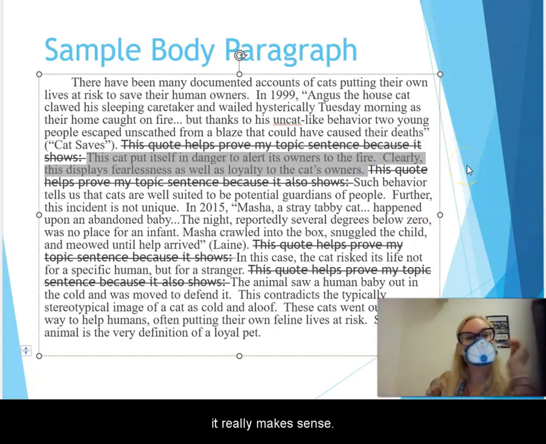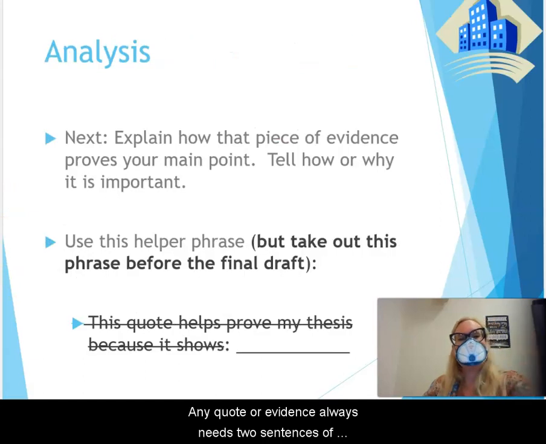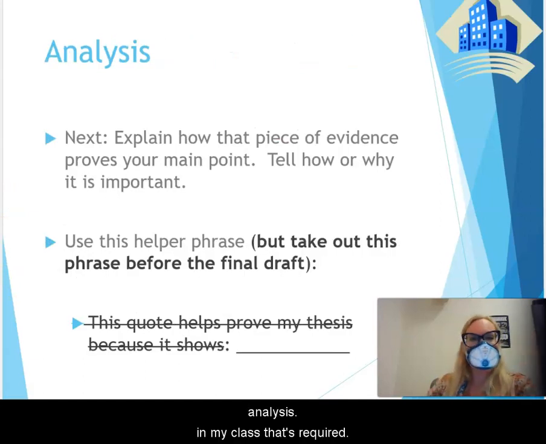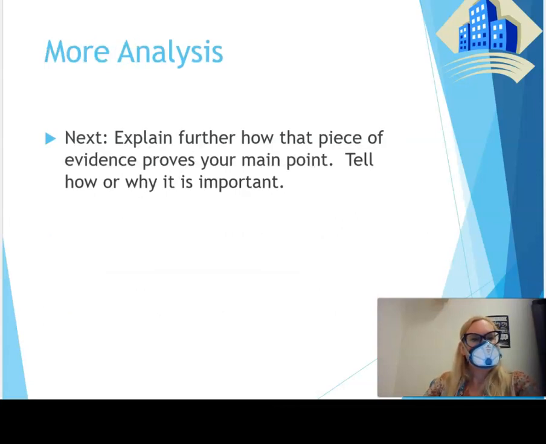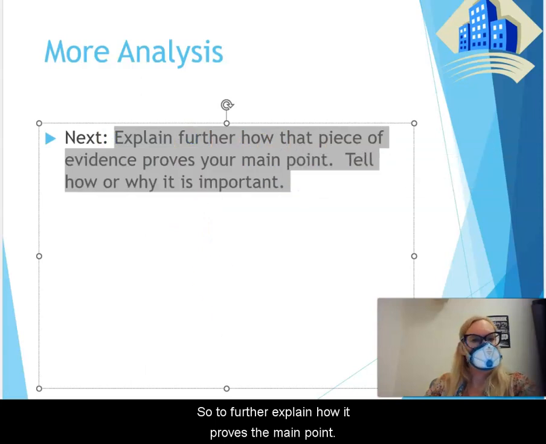It really works. It really makes sense, all right? And it's a nice way to write that analysis. Now, you always need two sentences of analysis in my class. That's required. So further explain how it proves your main point.